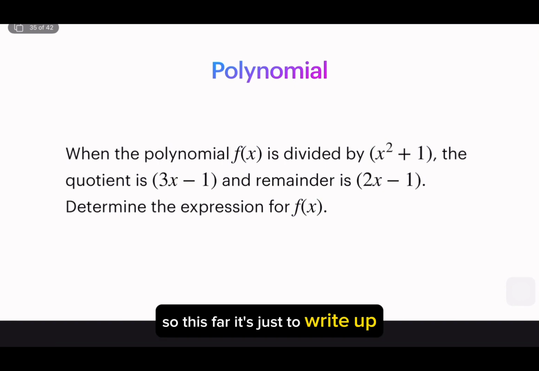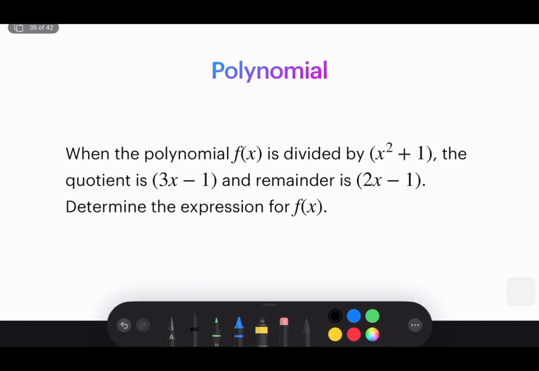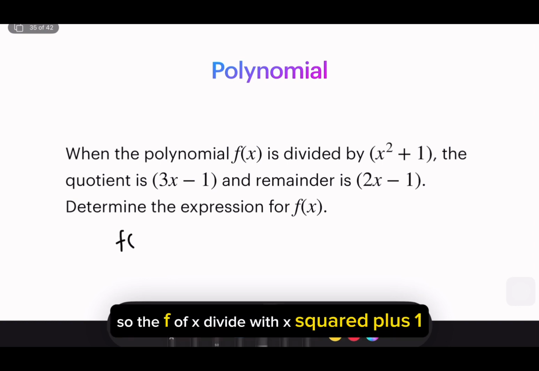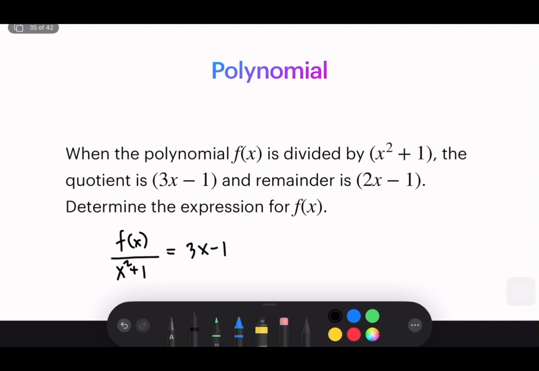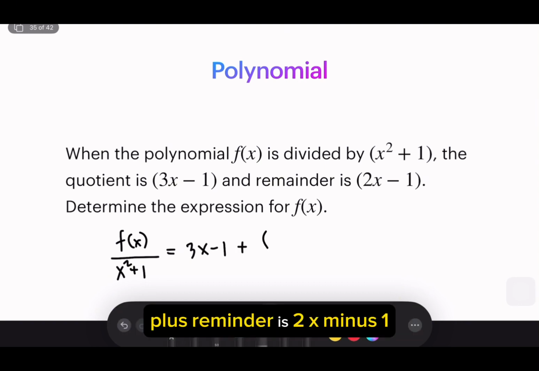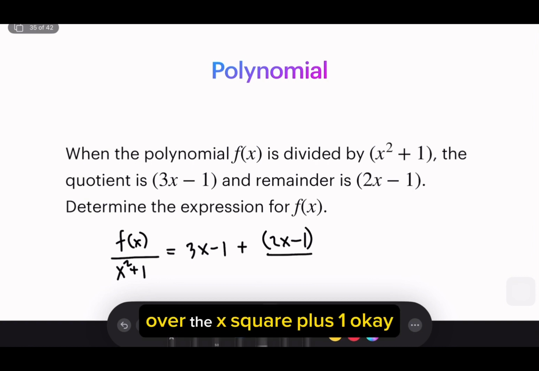So this part is just to write up. So f of x divided by x squared plus 1 becomes, the quotient is 3x minus 1 plus the remainder 2x minus 1 over x squared plus 1.